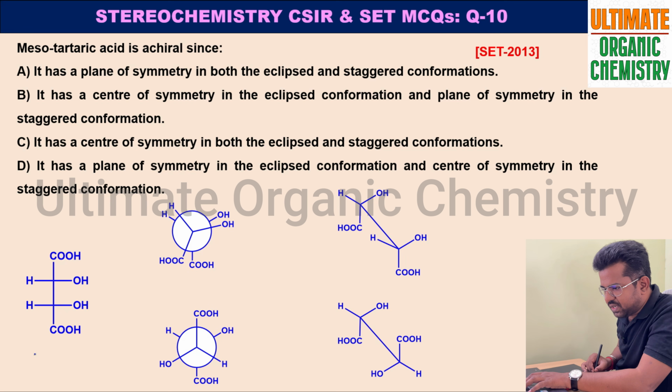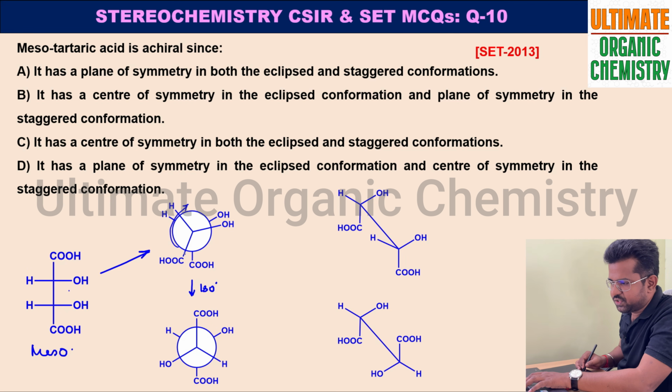So this is mesotartaric acid, and it has to be converted into the corresponding Newman projection. So this is the Newman projection, and if you do a 180-degree rotation, you will get the other Newman projection form also.